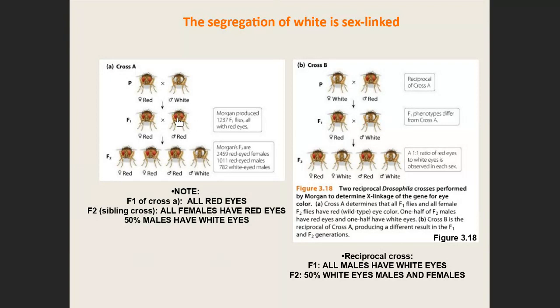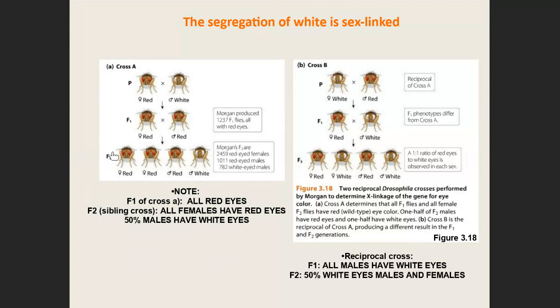You do sibling crosses and you get an F2 with, first of all, out of 4 possibilities, only half the males have white eyes. So the only time you recover white eyes is on males, and it's only on half the males.